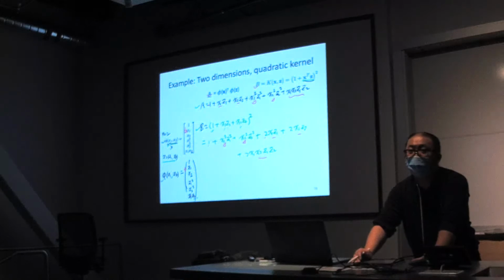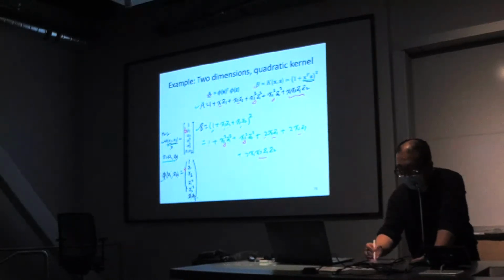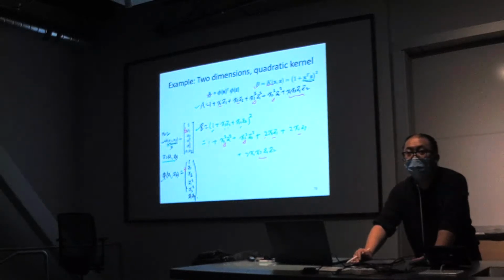You can compute it in a much cheaper way. If you can find a much cheaper way to compute this k, then you win. You save a lot of computational complexity, and you don't need to explicitly store these mapped feature vectors. This is called the Kernel Trick.